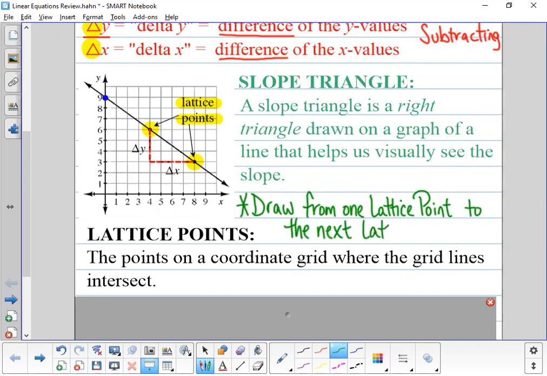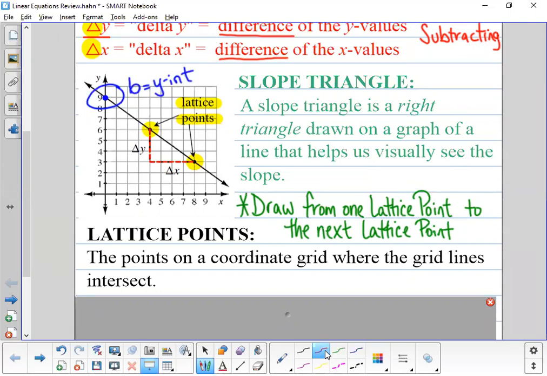So when you're drawing your slope triangle, pick one lattice point, or where your graph crosses one lattice point, and then follow your graph down to where it crosses a second lattice point, and then that's where you're going to draw your slope triangle. So if I'm looking at this graph right here, I have a blue dot where my graph crosses the y-axis, and that would be my b value, my y-intercept.